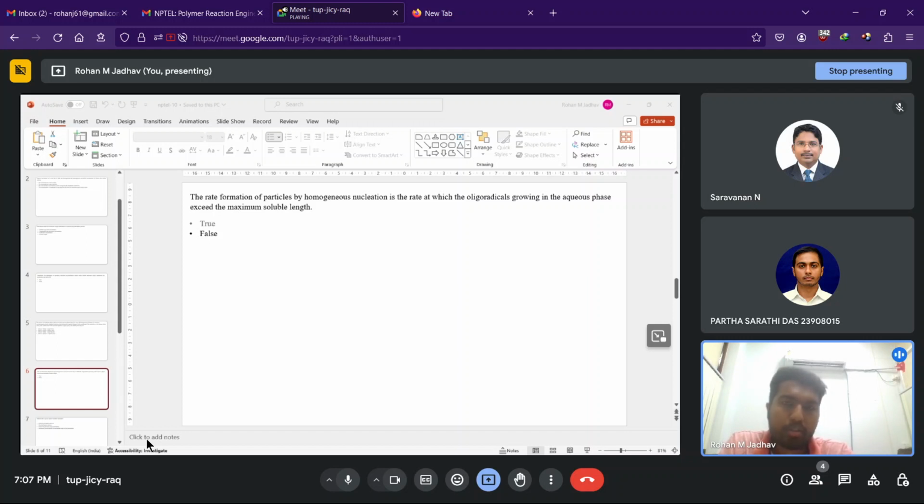Composition is there in both of them, correct? So polymer composition will change with respect to that.